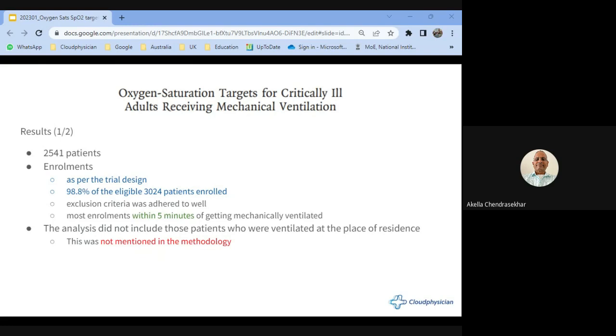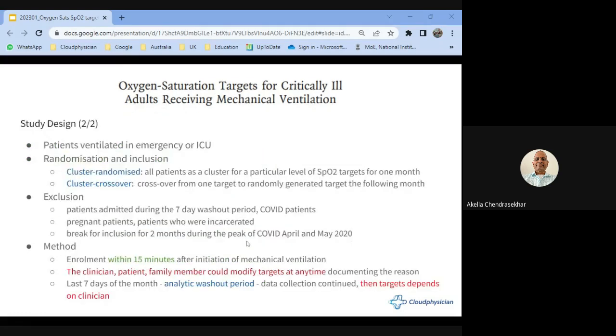Having the clinician or family have input on that crossover was bothersome to me, because is the clinician going to select the lower end? Maybe not. The upper end, maybe not, but the middle part may be selected more often. So again, it's a problematic issue for me.